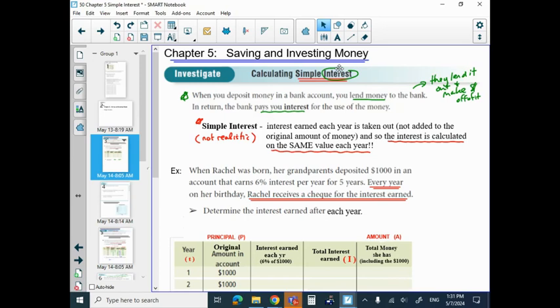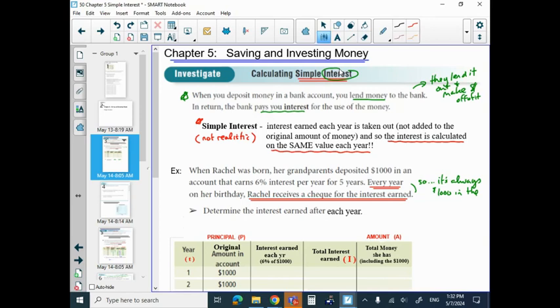So that means the amount invested is always $1,000 in the account, assuming the grandparents go to the bank on the last day of the month and take out the interest and don't let it ever earn interest on the larger amount.